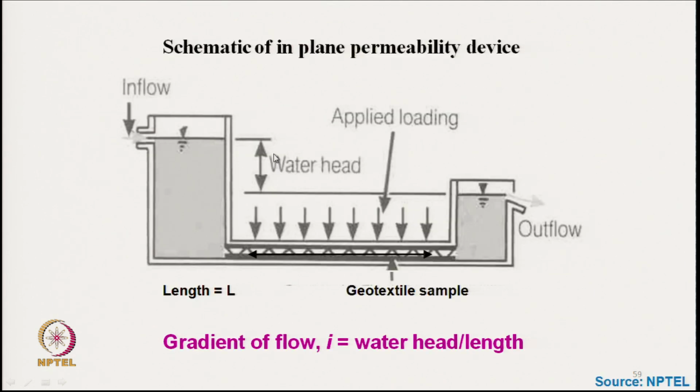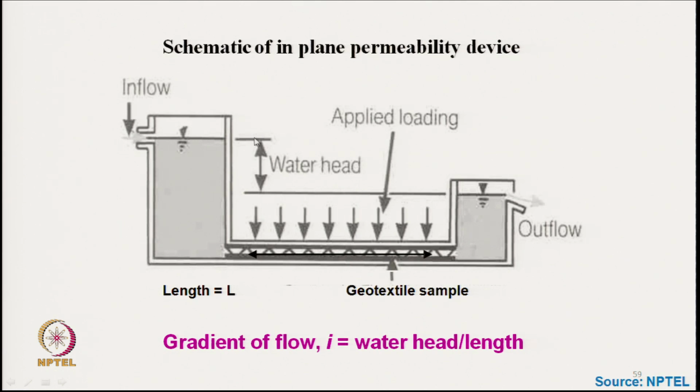This is the diagram. Here it is the inflow and this is the outflow, and the water gradient is created. We know the length, and this geotextile is covered by the impermeable rubber sheet, with the applied load.